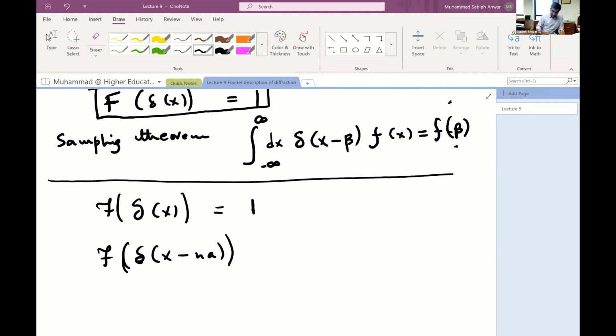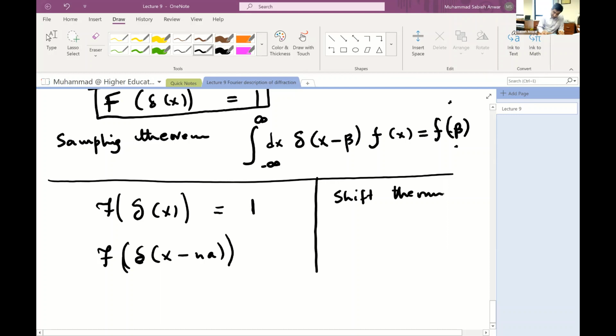Now there's another theorem in Fourier theory which is called the shift theorem. The shift theorem means that if I had a function small f and I find the Fourier transform of it, I will get some, say, capital F hat of k.